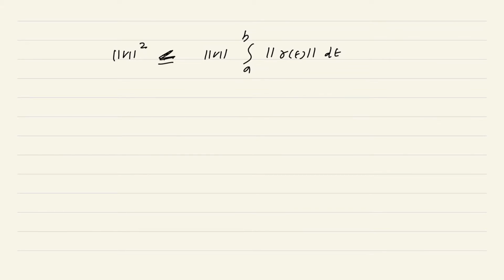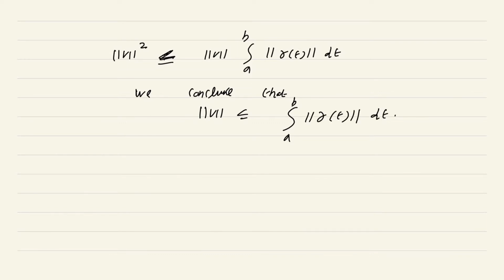So the net conclusion is that norm v is less than or equal to the integral from a to b of norm gamma of t dt. Here we could cancel simply because norm v is assumed to be non-zero.